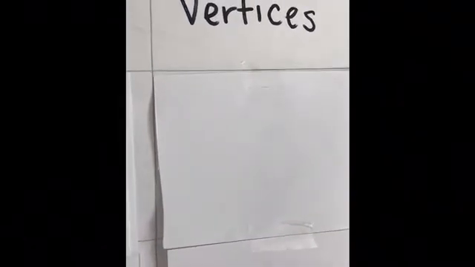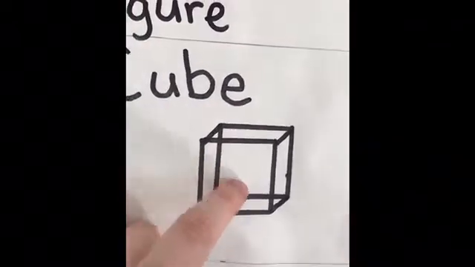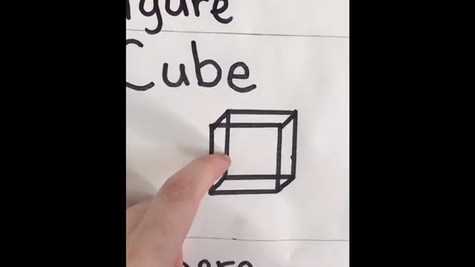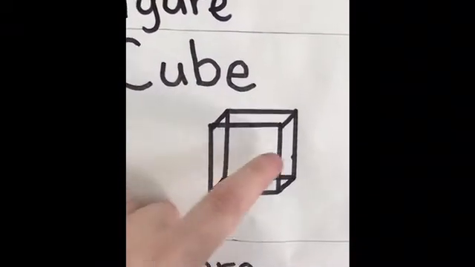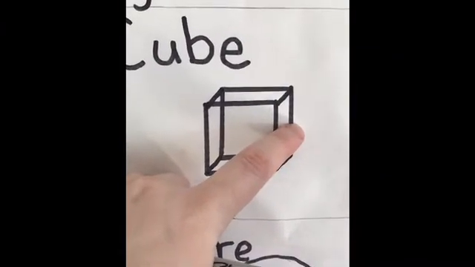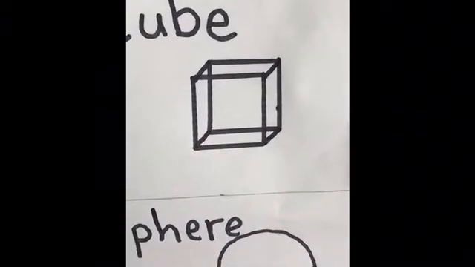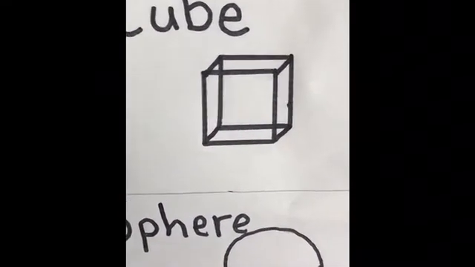Now our vertices, our corners. Vertices are different than edges because vertices is where 3 or more flat surfaces meet. So the side ones do not count as corners because they are only 2 flat surfaces meeting. It has to be 3 or more.